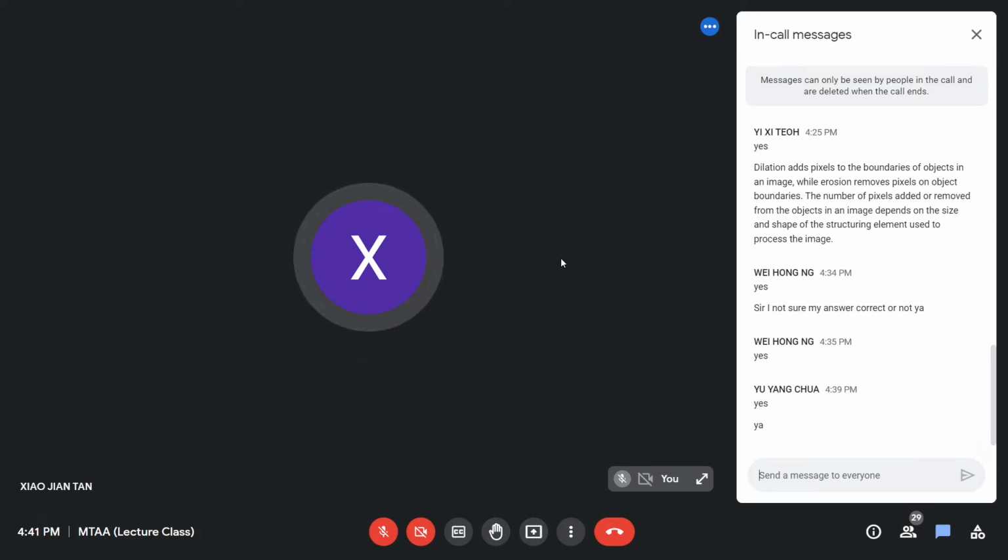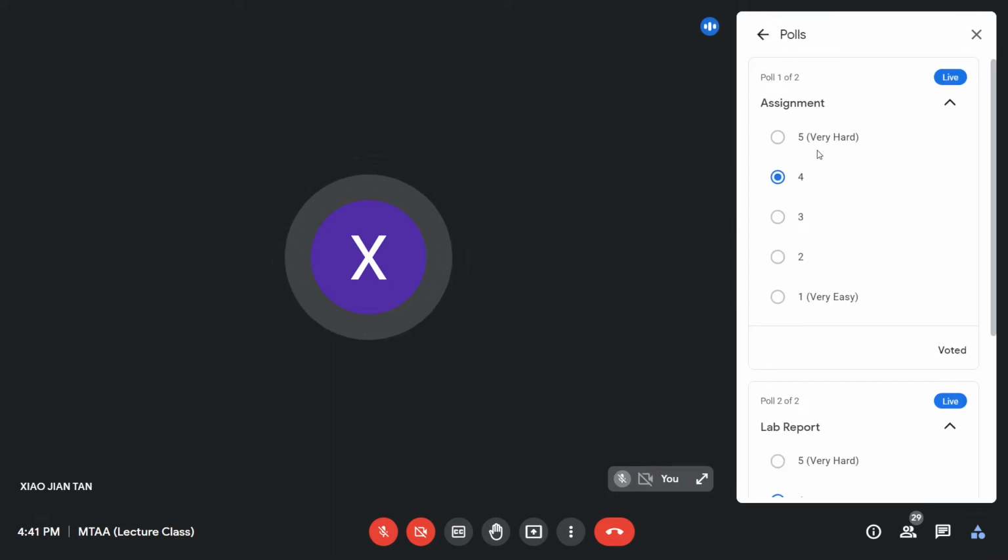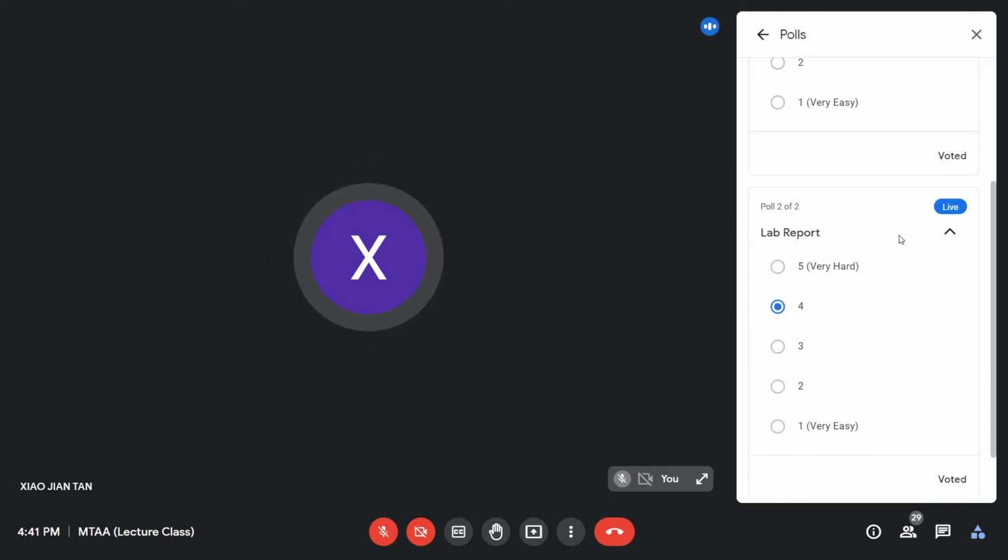For the lab report, 10 to 7. Does anyone think that the lab report is harder than the assignment? I saw one vote for very hard for the lab report. Any comments from you all? Basically, for most of you, the assignment answer is shorter than the lab report.